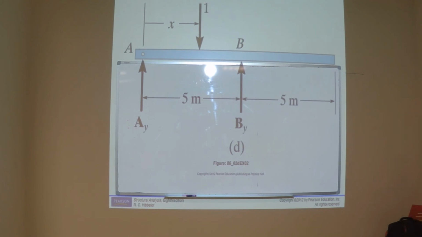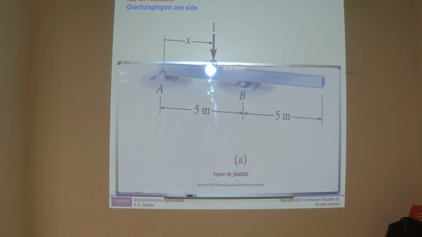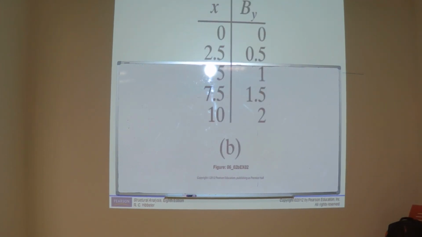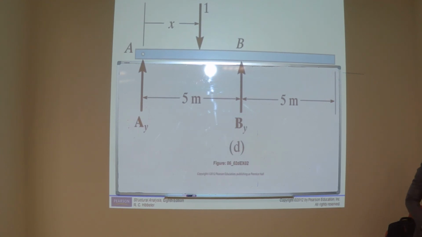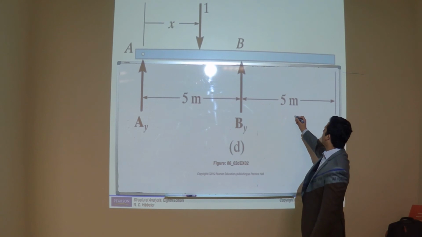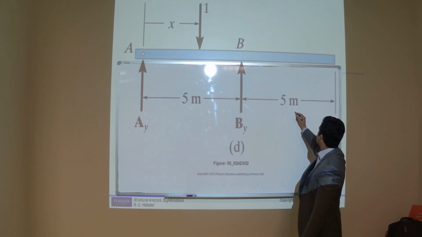For example, if you draw the free body diagram for this beam, you can see that there are 2 reactions, AY and BY. And the load is moving, and the load is at a distance x. Let's make a function first for BY.